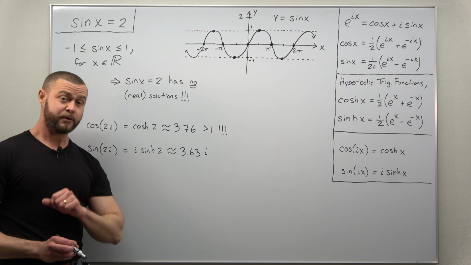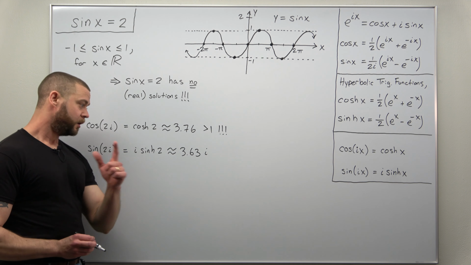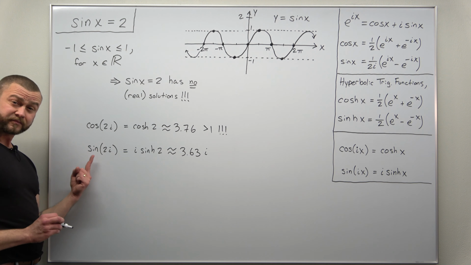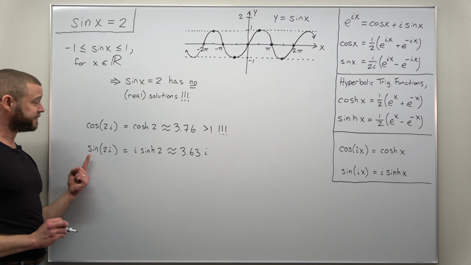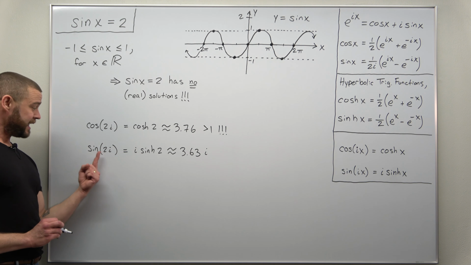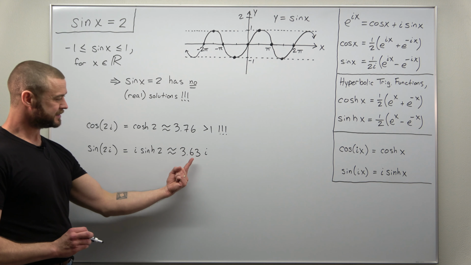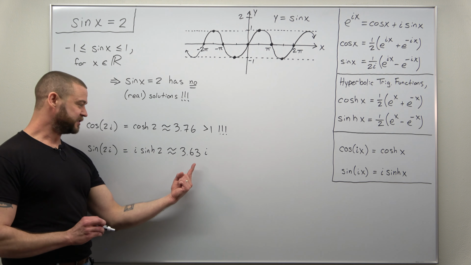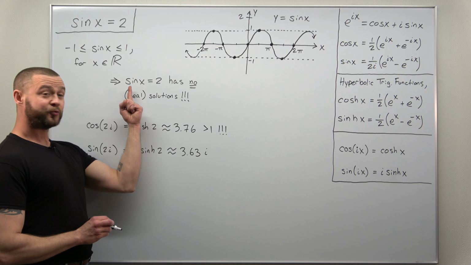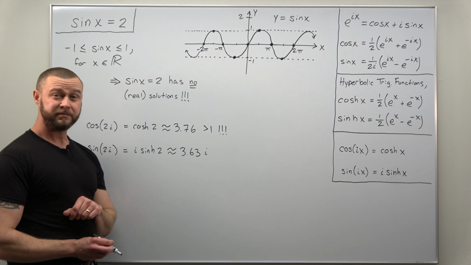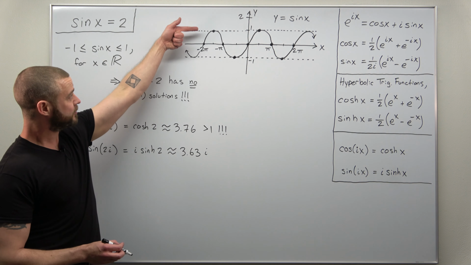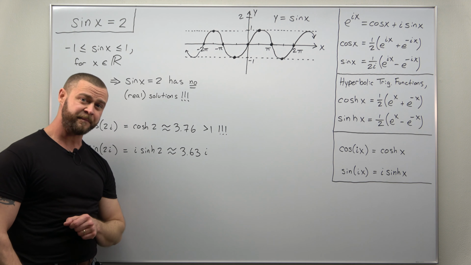All right, now we can see here, if we take our sine function and plug in an imaginary number, we get an imaginary number as output. Regular sine of x, well, if we plug in real numbers, we're going to get real numbers between -1 and 1.